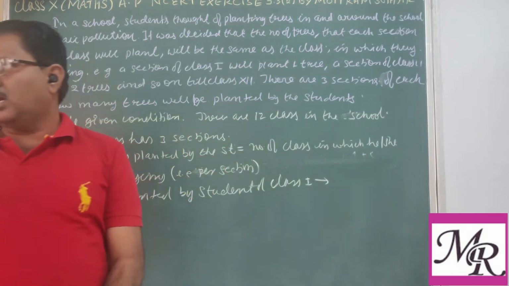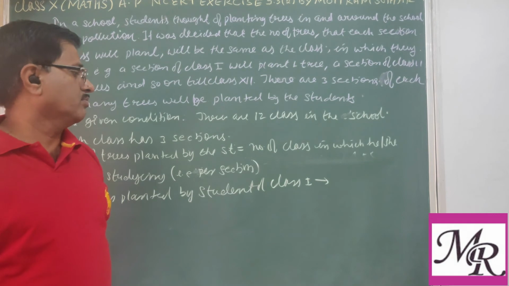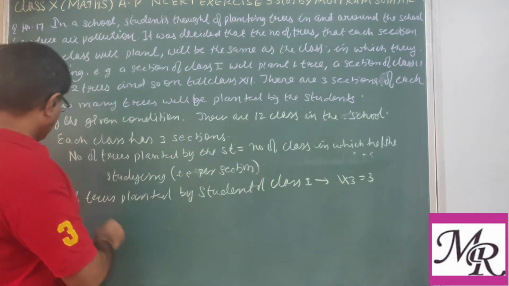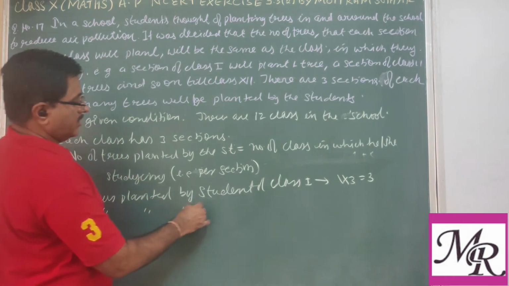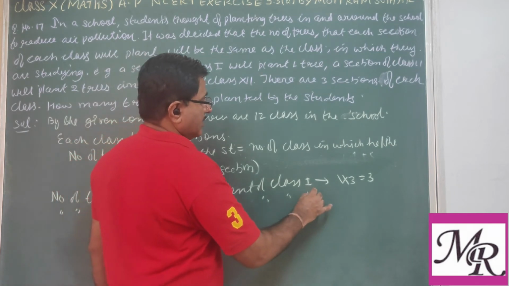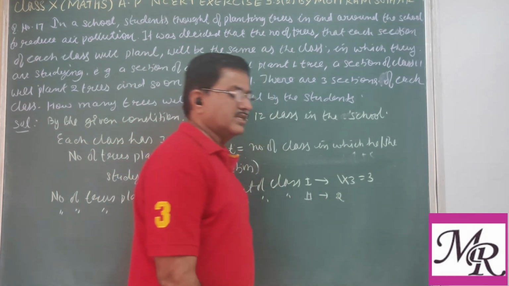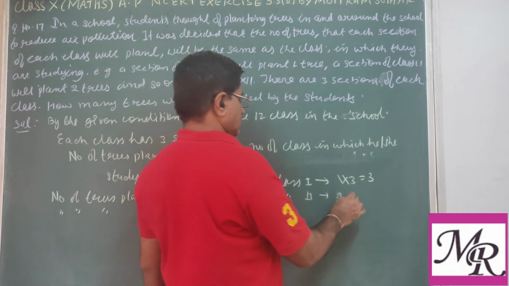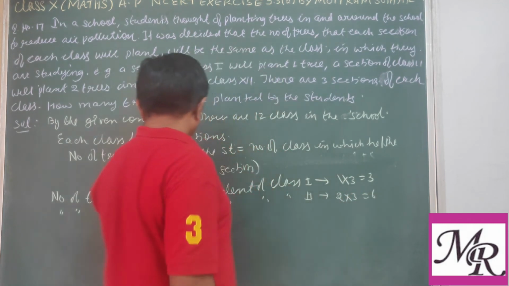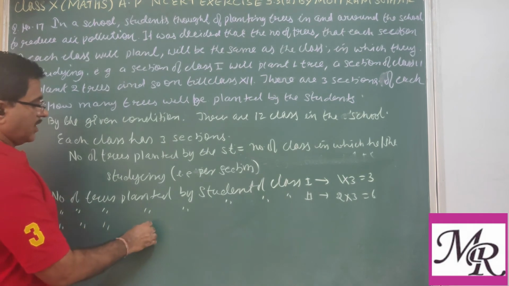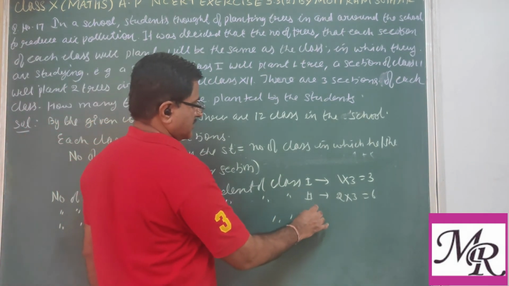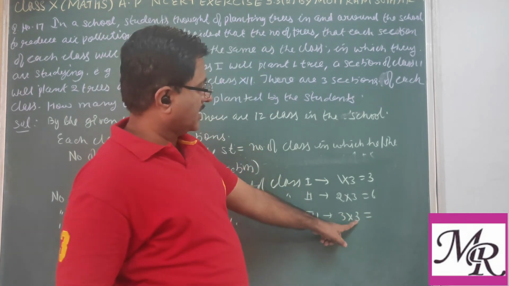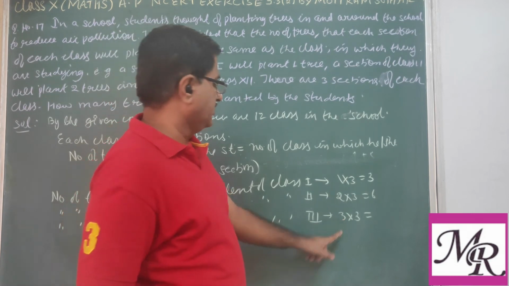Now there are three sections and each section's student plants one tree. So 1 into 3, that is 3. Similarly, number of trees planted by the students of class 2nd. Now the number of the class is 2, so each section's student has planted 2 and there are 3 sections. So 2 into 3, 6. Similarly, number of trees planted by students of class 3rd, that is 3 into 3. 3 sections and each section planted 3 trees, so 9.